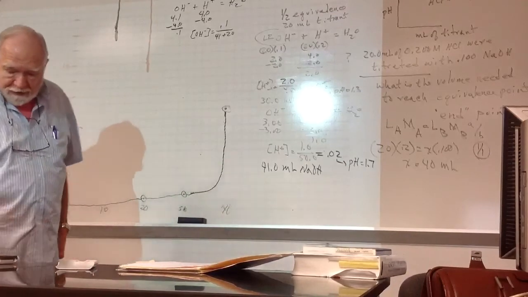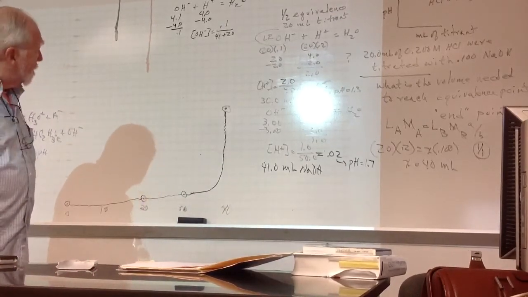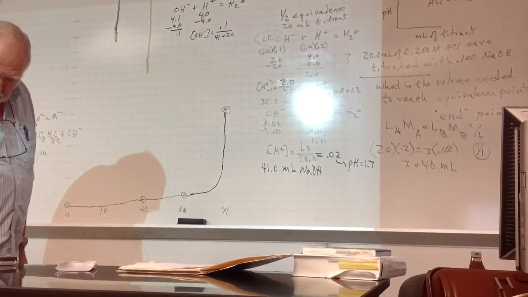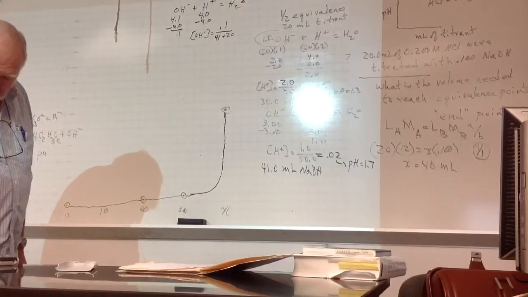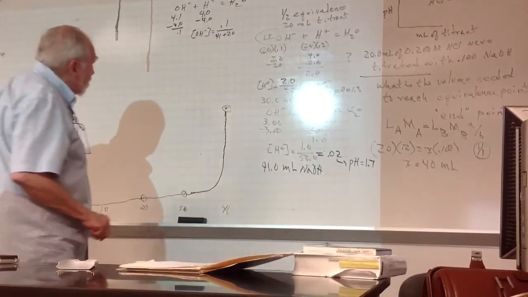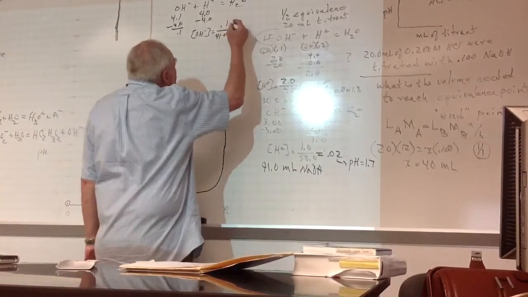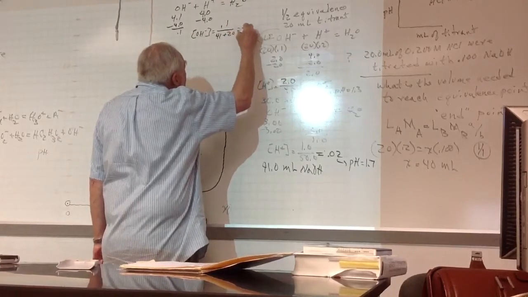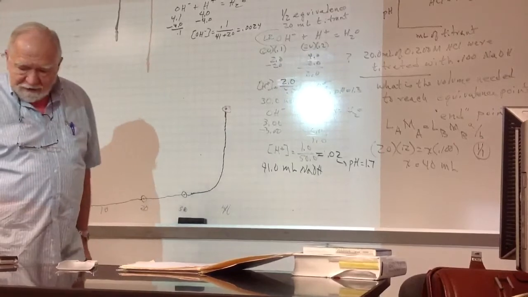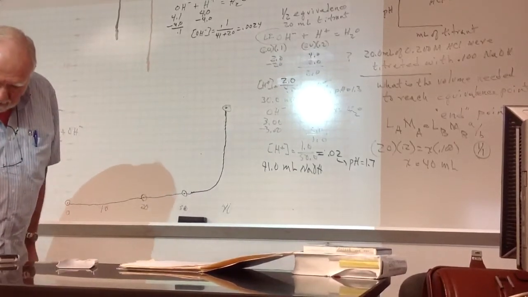So now we need, first of all, 0.1. Then we get 0.00244. I'm not going to write anymore because it's all here in my calculator.